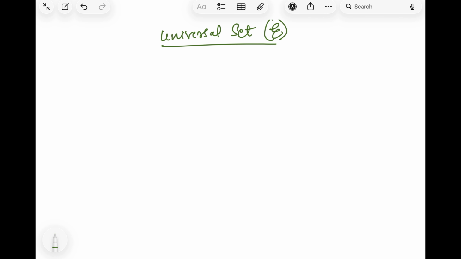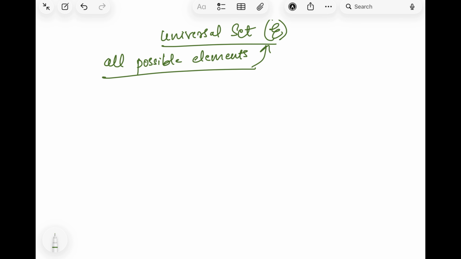Universal means everything, right? So universal set is a set which contains all the possible elements. Whatever elements are possible in the given question, all the possible elements will be in this set. That is called as a universal set.